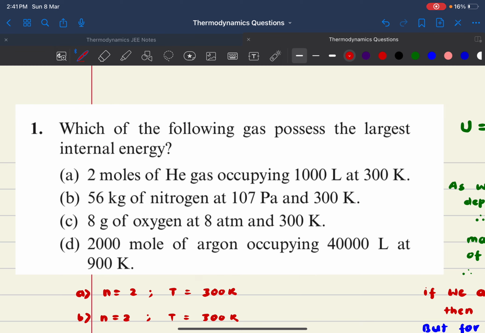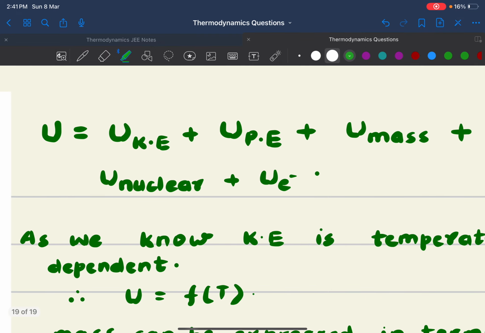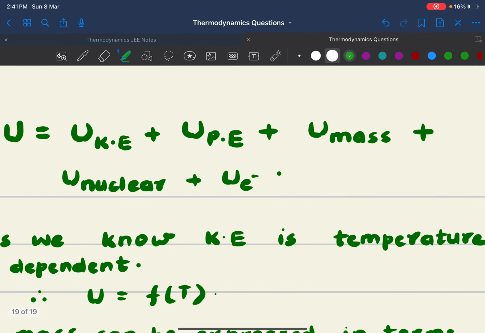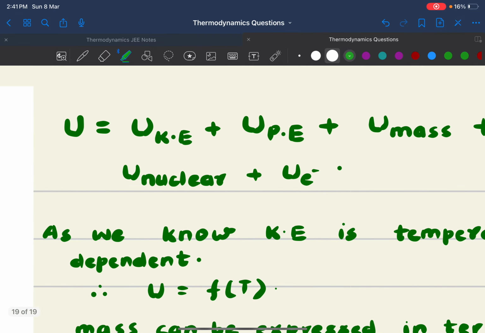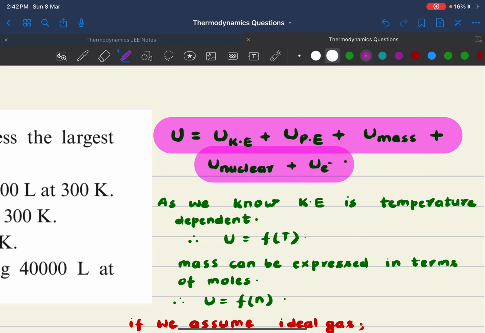So the concept here is all about the internal energy. If you remember the derivation of internal energy, we say that internal energy is a function of kinetic energy, potential energy, mass energy, nuclear energy, and electrons energy. Let me explain this part to you properly. Particles are in random motion, and that's why its energy persists due to its motion, that is called kinetic energy.